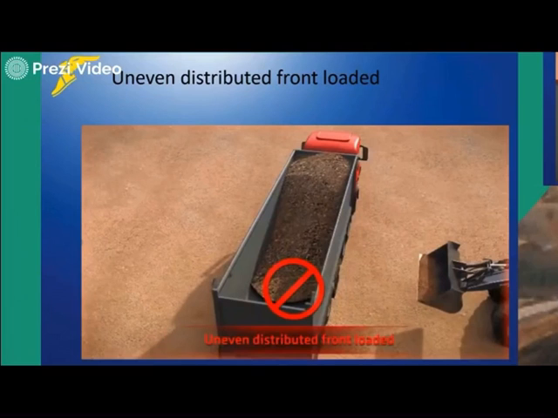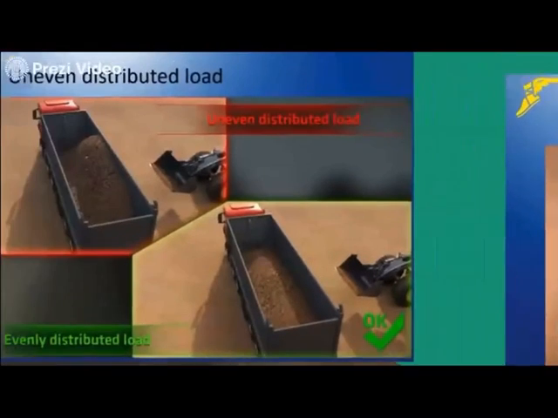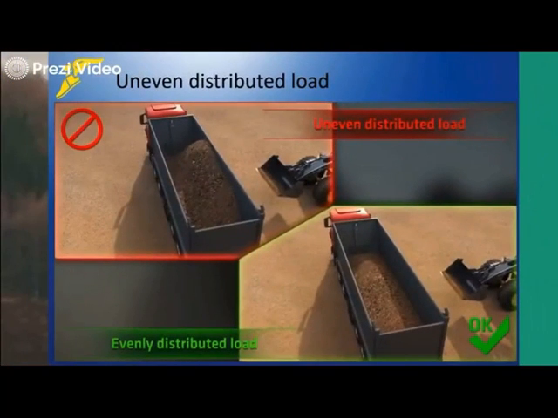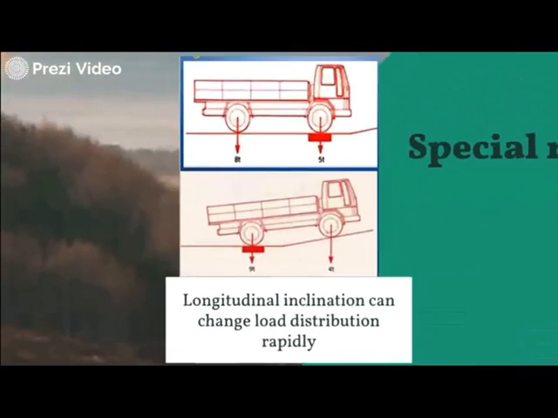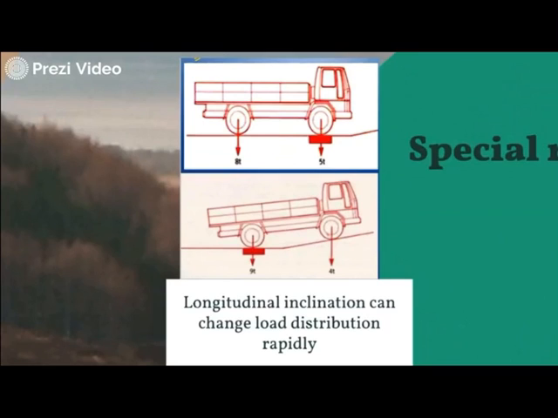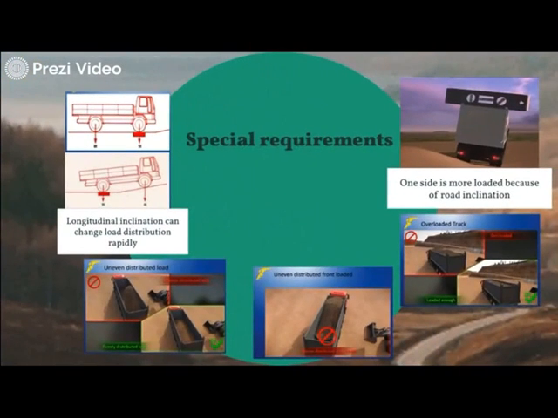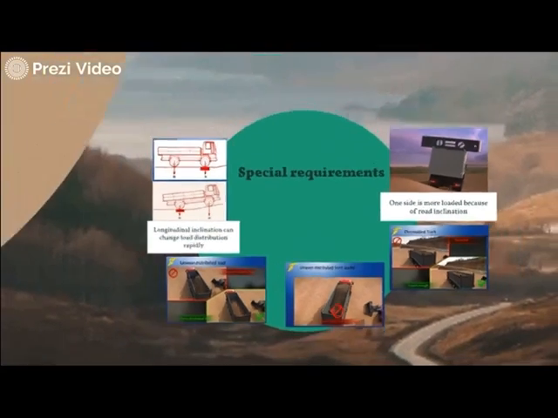Here, the front axle is overloaded, or one side is overloaded because of unevenly distributed load. We should not forget that longitudinal inclination can change load distribution rapidly. We should think about these special requirements when we recommend a pressure for the tires.